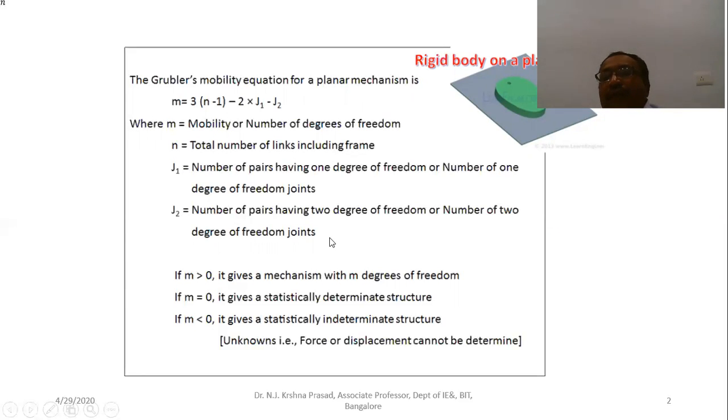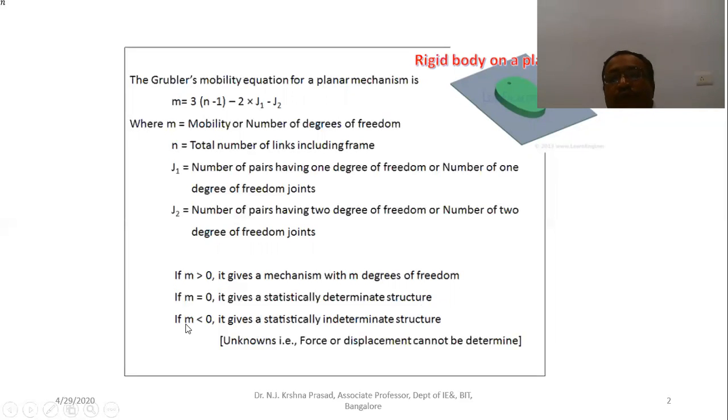For any combination of links, if you find the value of m, if it is greater than 0, then we can say that it is a mechanism with m degrees of freedom. If m is equal to 0, then you can say that it is a statically determinate structure.